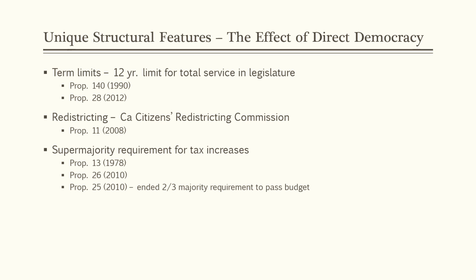There would be long periods of time in which the state would be operating without a permanent budget. So that requirement was lifted in 2010 with Proposition 25. So since that proposition, the budget can now be enacted by a simple majority, so long as there are not tax increases involved.